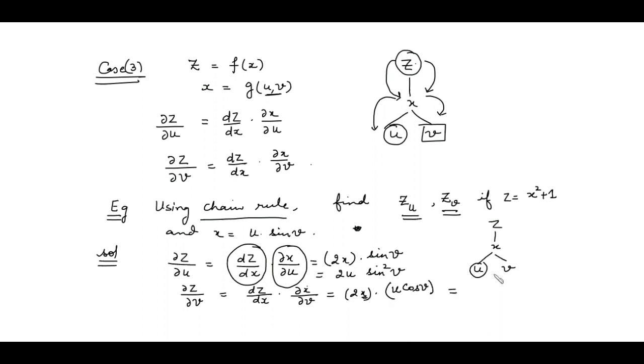So when you substitute the value of x over here, this comes out to be 2u square into sine v into cos v. So in this way we can find the partial derivatives of z with respect to u as well as v, where z is a function of x and further x is a function of u and v using the chain rule.